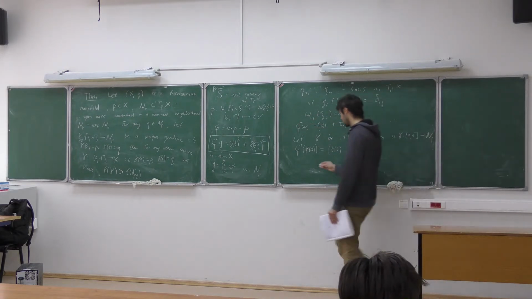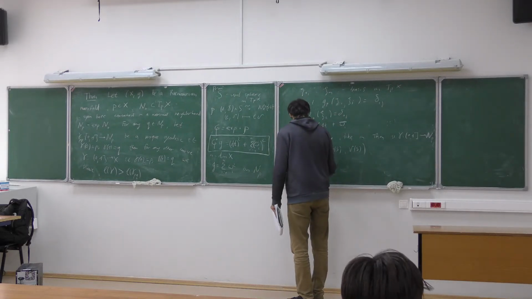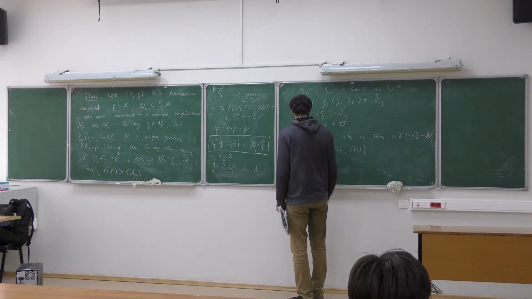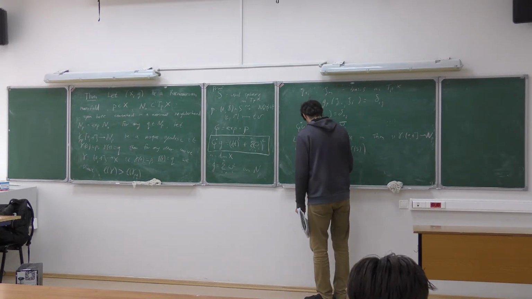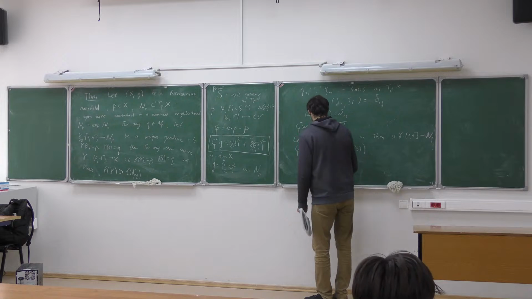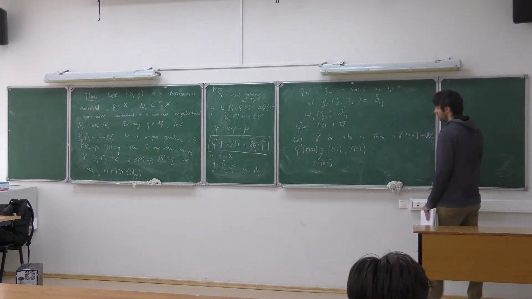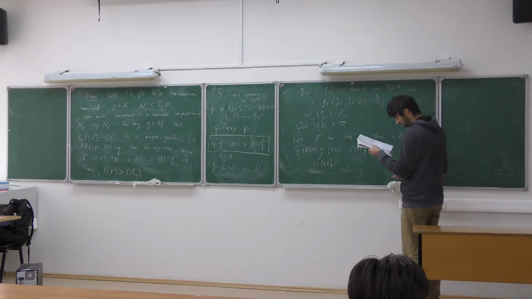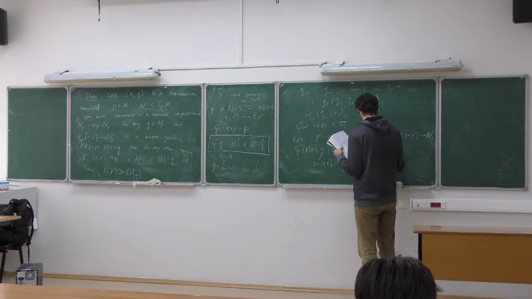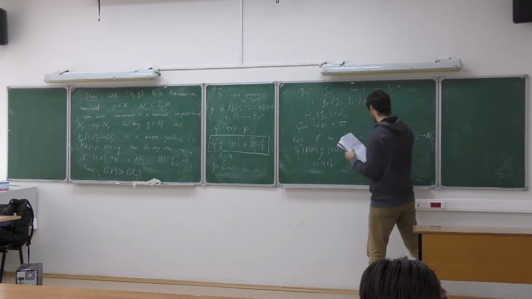So for every S from 0 to 1. So I exclude 0. So let me denote this as just gamma 0 of S with this pair.